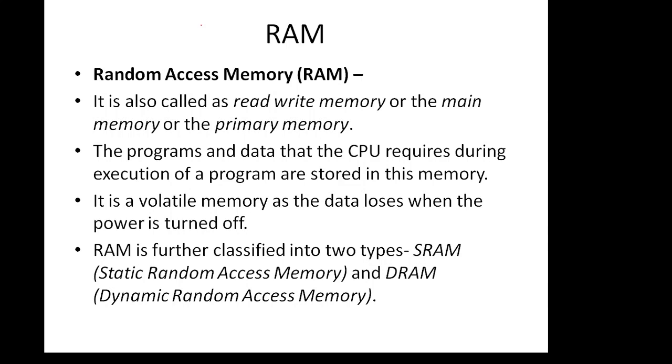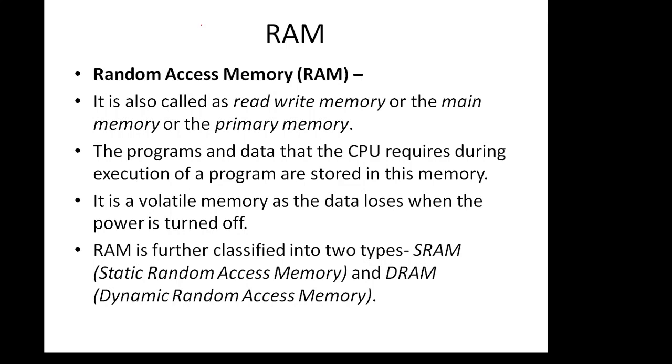Why is it very important? Because each and every program is going to be stored in RAM only. The programs and data that the CPU requires during execution are stored in this memory. Without RAM, we can't store the programs and the data.